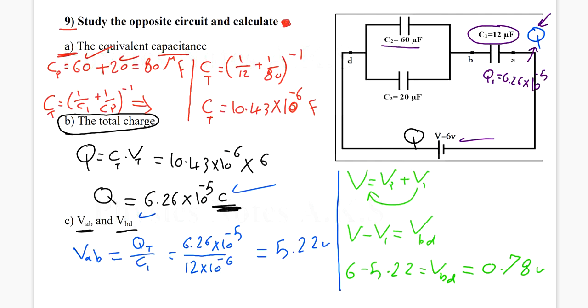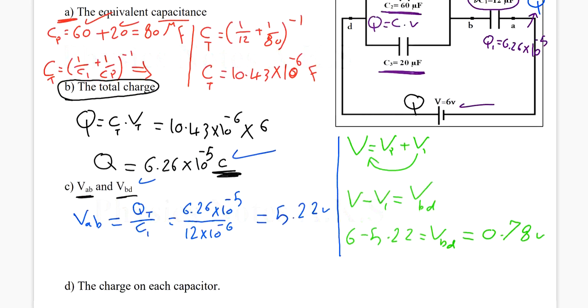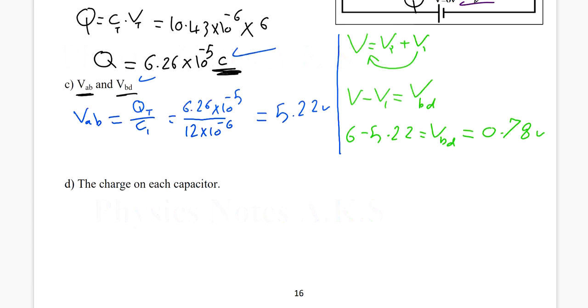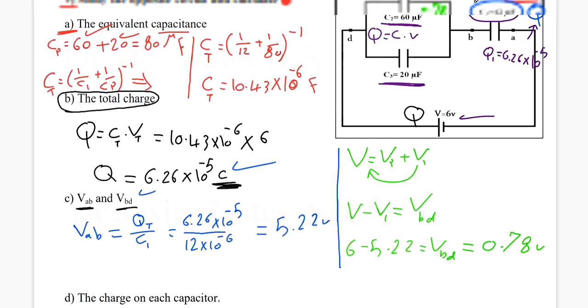Now I need the charge in C2 and the charge in C3. We know that charge equals C multiplied by V. Okay, here I will write down. So Q2 is actually C2 multiplied by V. Which V, guys?